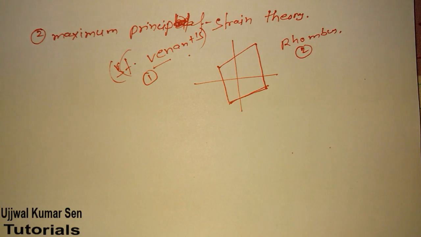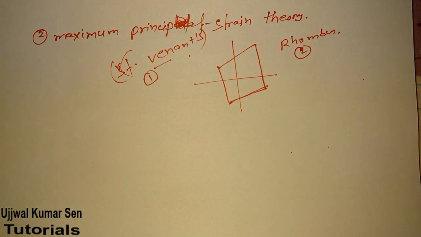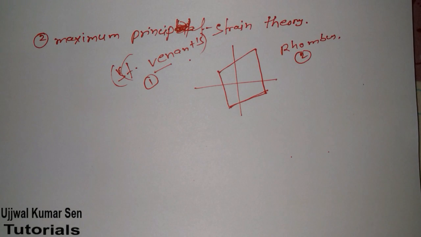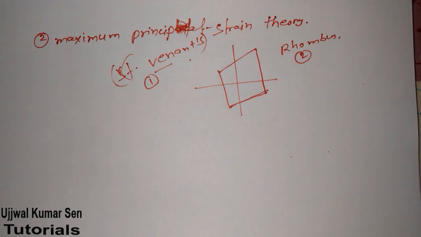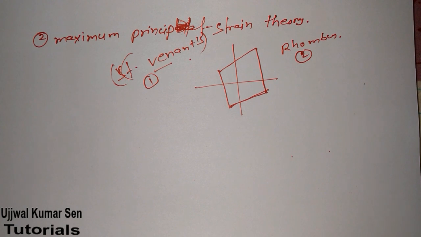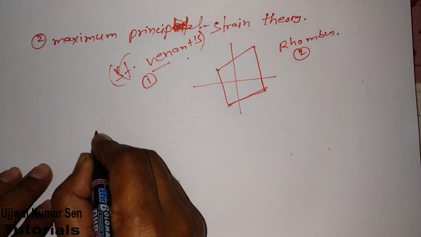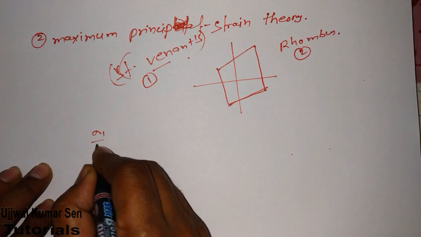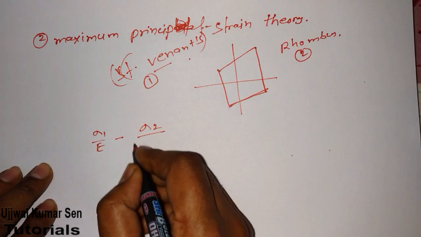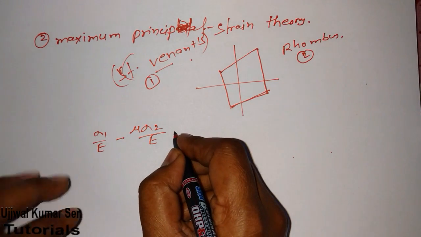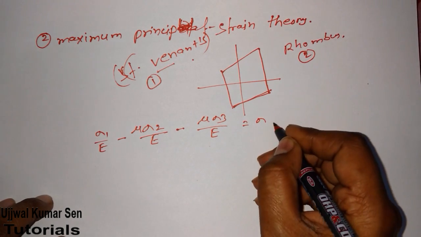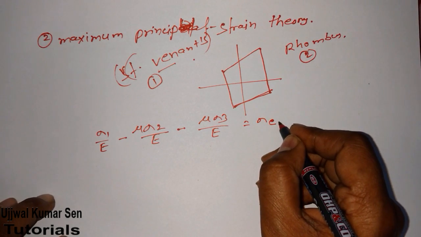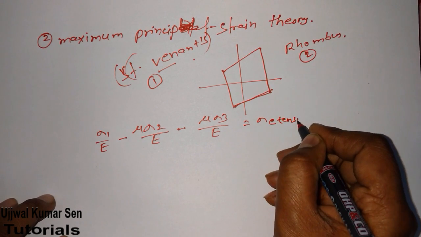Now what type of formula do we have in case of principal strain theory? Let me share with you what kind of formula you must know. It is sigma 1 by E minus mu sigma 2 by E minus mu sigma 3 by E is equal to sigma, the elastic limit in case of tension.